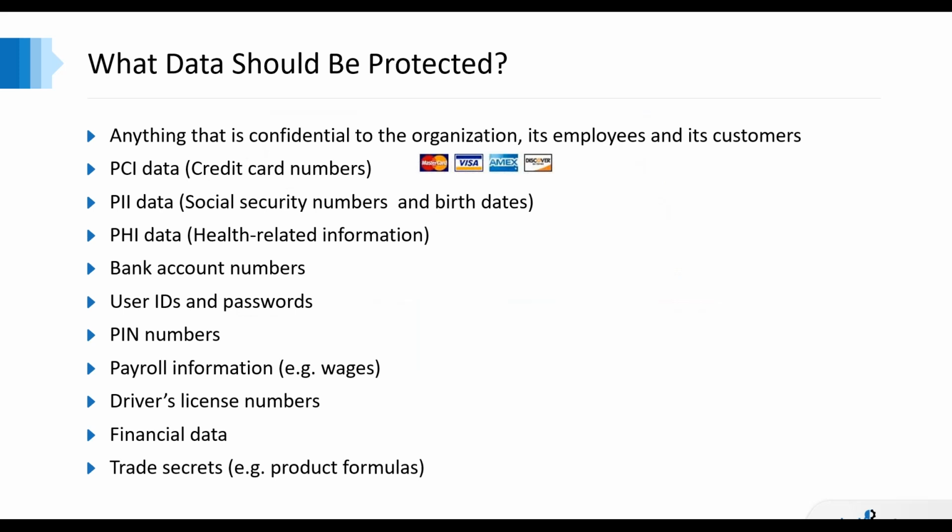Often when we first have conversations with companies about encryption, you have to discuss what should really be encrypted, and two parts of that should be looked at. First is deciding what is considered sensitive. What's important to you? Sometimes it's dictated by regulatory mandates: social security numbers, credit card numbers, birth dates, that sort of information. But there could be other data that's valuable to the company, such as trade secrets and formulas.